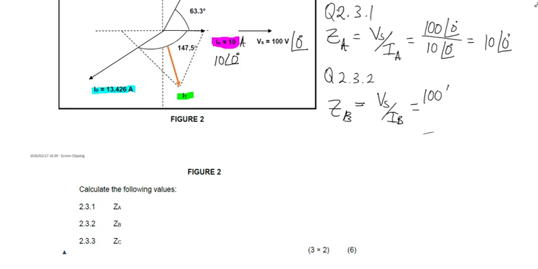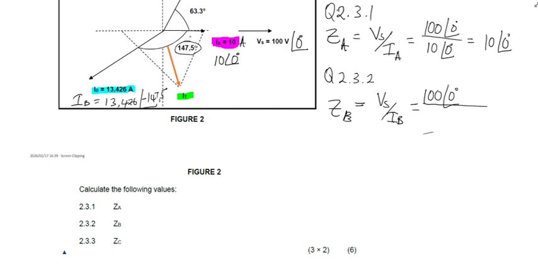So we have 100 at an angle of 0, all divided by IB. So let's look at the angles that we are having. IB is following that angle. That means IB is 13.426 at an angle of negative 147.5.